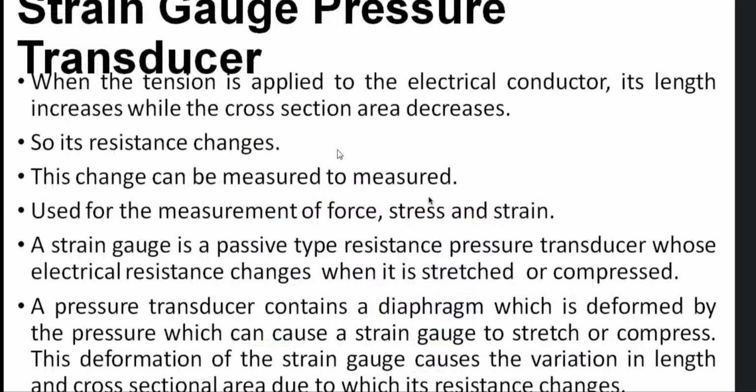When tension is applied to an electrical conductor, its length increases while the cross-sectional area decreases, so its resistance changes. This change can be measured and used for measurement of force, stress, and strain.